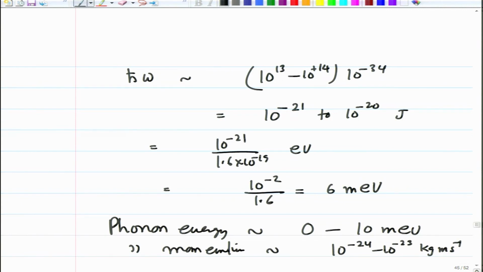These are the kind of numbers for energies and momenta we are talking about in a lattice. In the next lecture, we will see how we can determine the phonon spectrum omega versus k dispersion relationship experimentally.